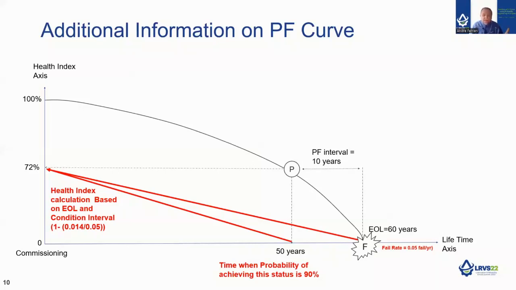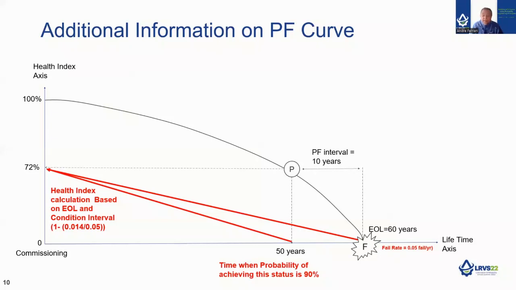In other words, there is a 90% probability that the P point will be achieved at the 50-year mark. The health index is essentially a ratio of failure rates, where the end-of-life failure rate of 0.05 failures per year, which we defined earlier, becomes the reference point.